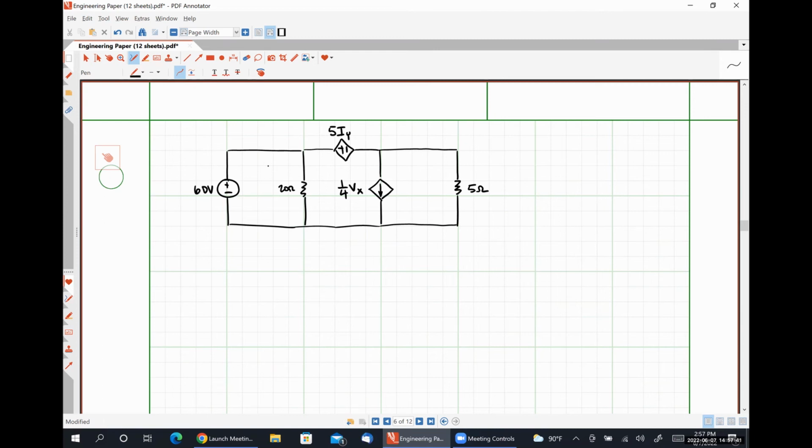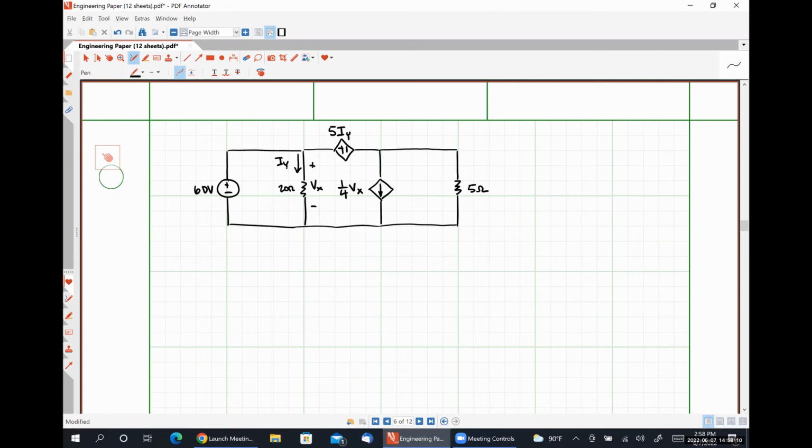Let's call the voltage drop across our 20-ohm resistor Vx, and let's call the current through our 20-ohm resistor Iy.